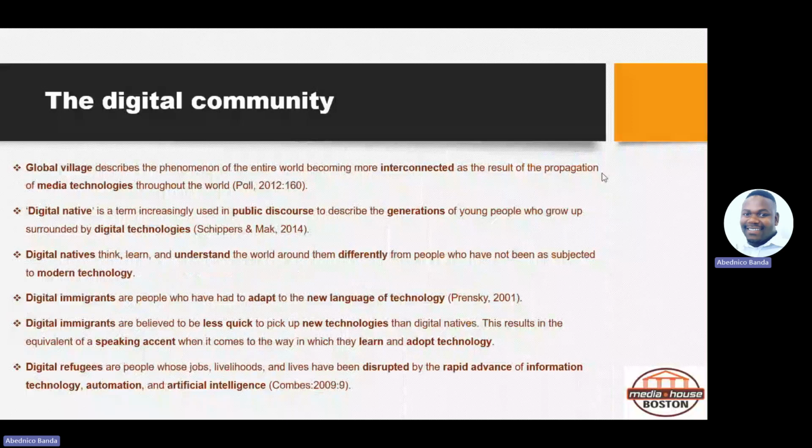For example, if your target audience is the digital refugees, you need to make sure that your campaign is active only during the week, because that's when they are at work, that's where they are online. If you target digital refugees and you post content during the weekend, chances are that they are not going to engage with that content because they are offline.